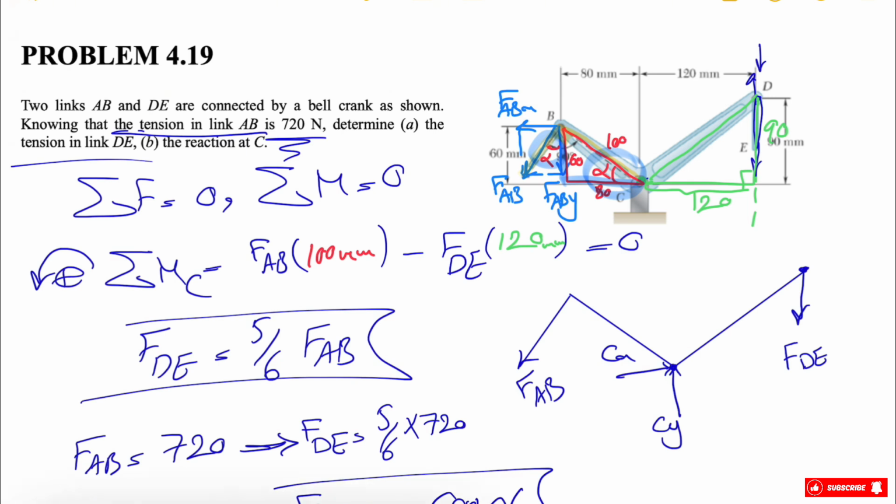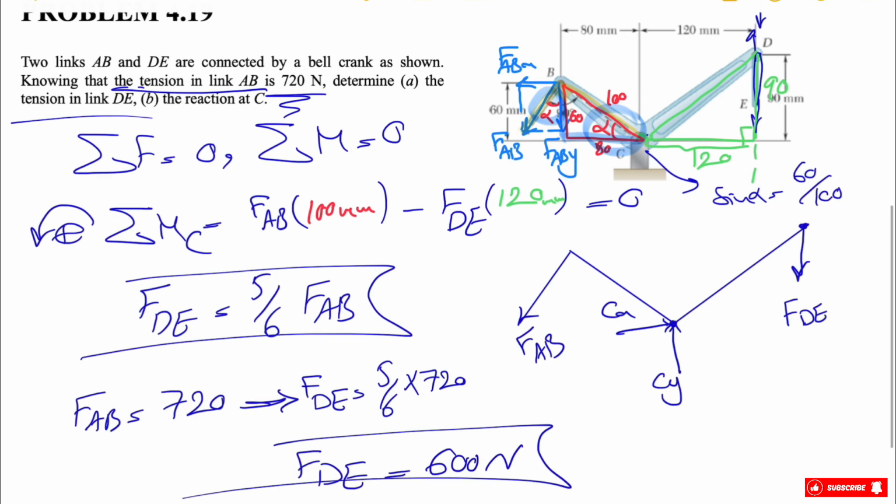So if we want to find the Fx component of FAB, it will be sine of alpha, and sine of alpha is 60 divided by 100, or 0.6.